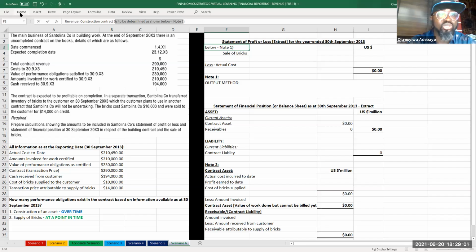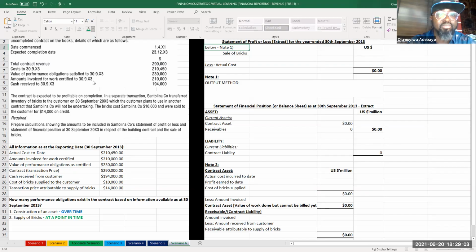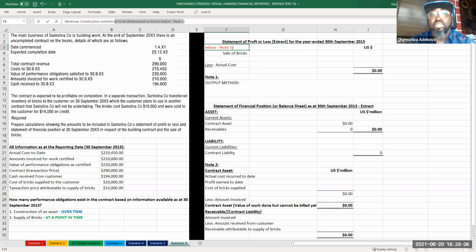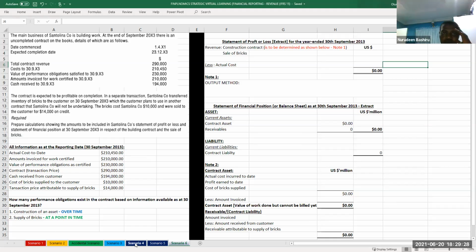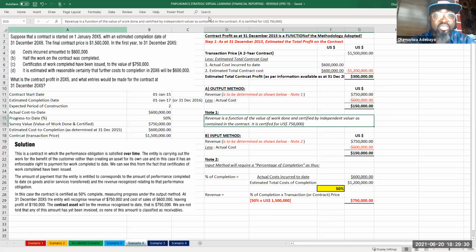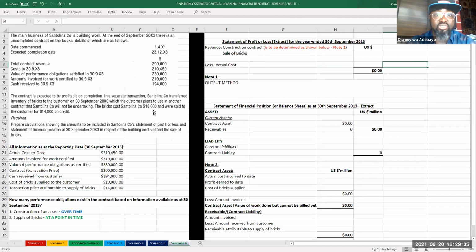Now, for construction contract, we need to determine it with reference to the methodology. Since we have agreed that we are using the output method, what we need to rely on is the independent valuer certification. And we are told that the value of performance obligations satisfied was 230.